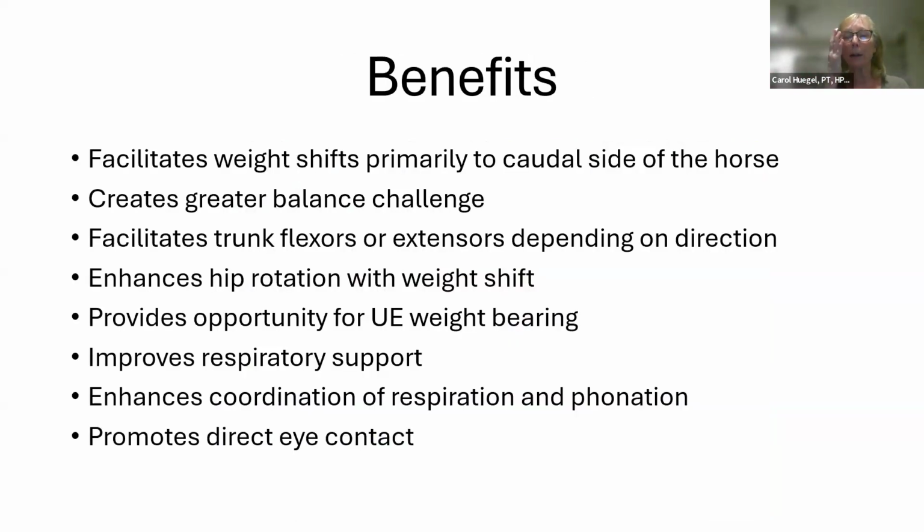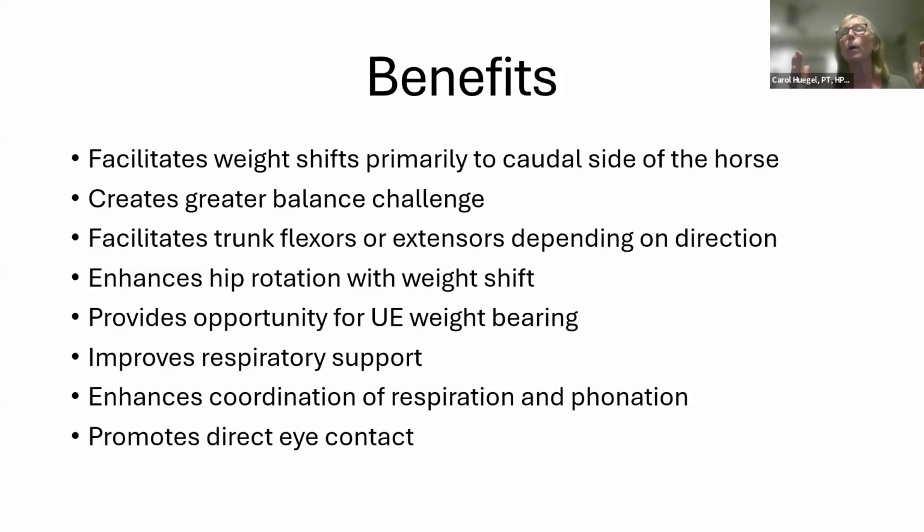So I'm going to go to the slide here on benefits, and I may backtrack again for a moment. The idea is that we're facilitating weight shifts with our patient side sitting, and we're primarily going to get that shift to the tail end, or the caudal end, of the horse. So you're going to be thinking about why you would position your patient's left side to the tail end of the horse.